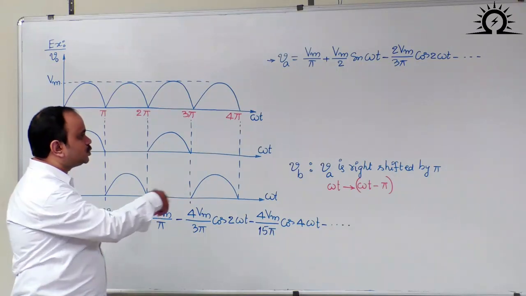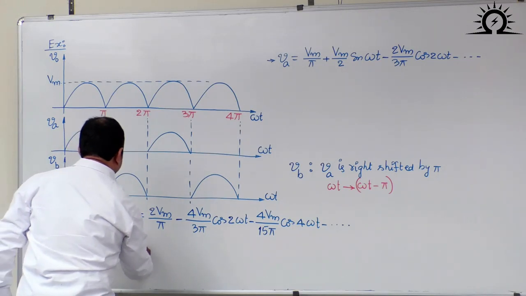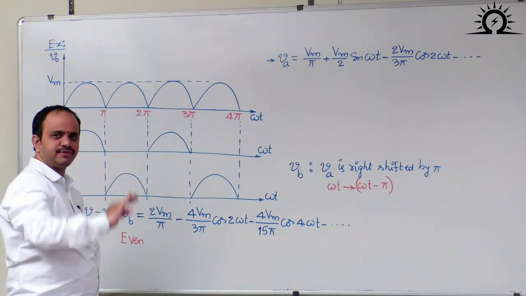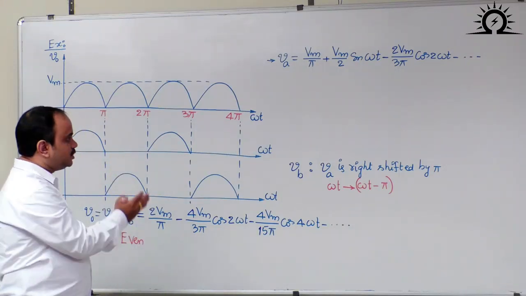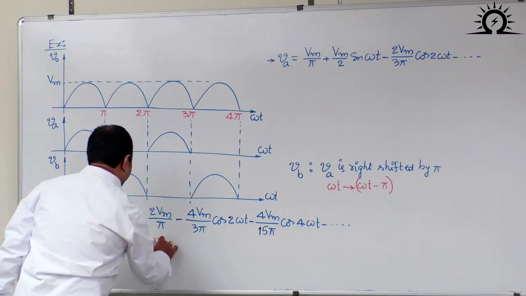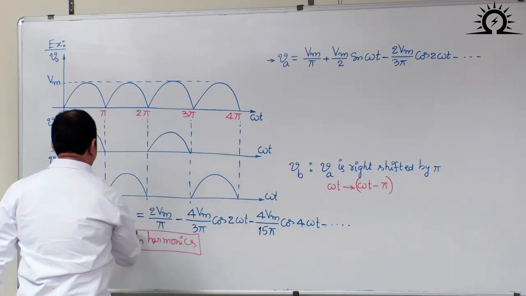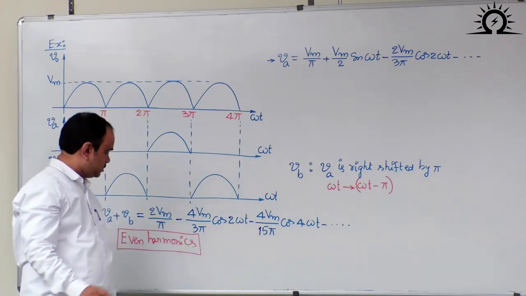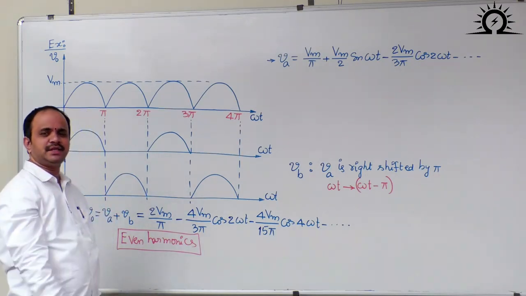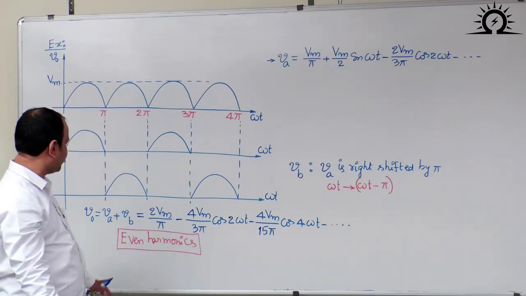Right. Now in these two examples, what is the important conclusion? These two waveforms are output voltages of some rectifier circuits. Anyhow, we will study these things in rectifiers, and at that time I will use these Fourier series conclusions. These waveforms contain even harmonics. Very, very important conclusion. And in the GATE exam syllabus, harmonics are clearly mentioned in detail, so harmonics have a good amount of weightage.